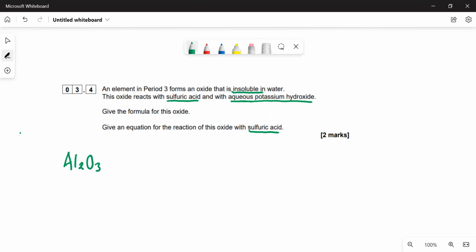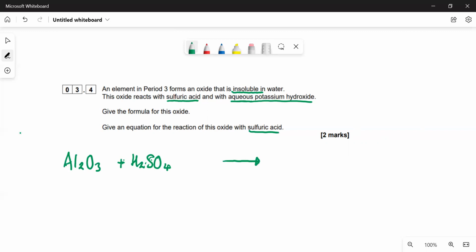That's easy. The equation of aluminium oxide reacting with the acid is a lot easier than with the alkali. So it's going to be H2SO4 there. Here, the aluminium oxide behaves just as a standard metal oxide. It's basic, and so it's going to form a salt.